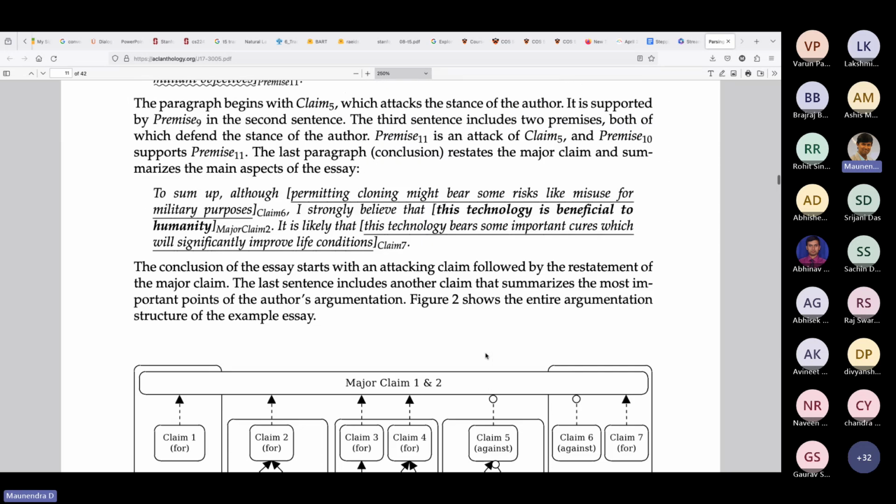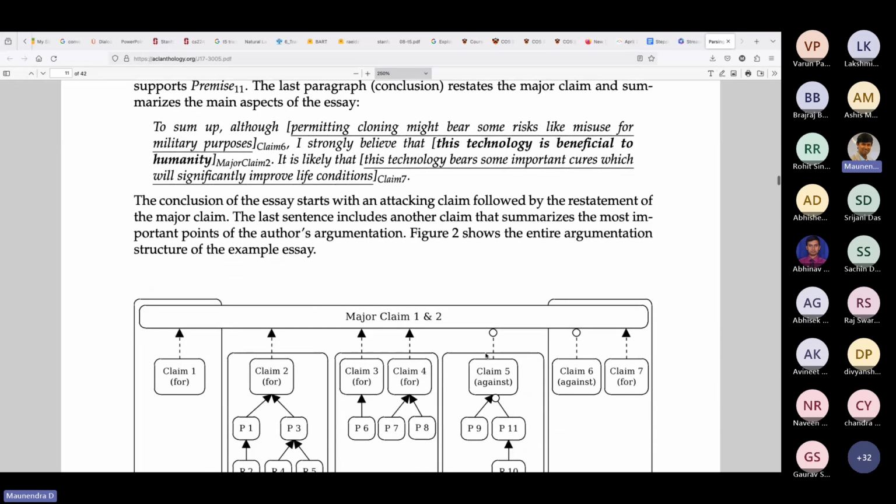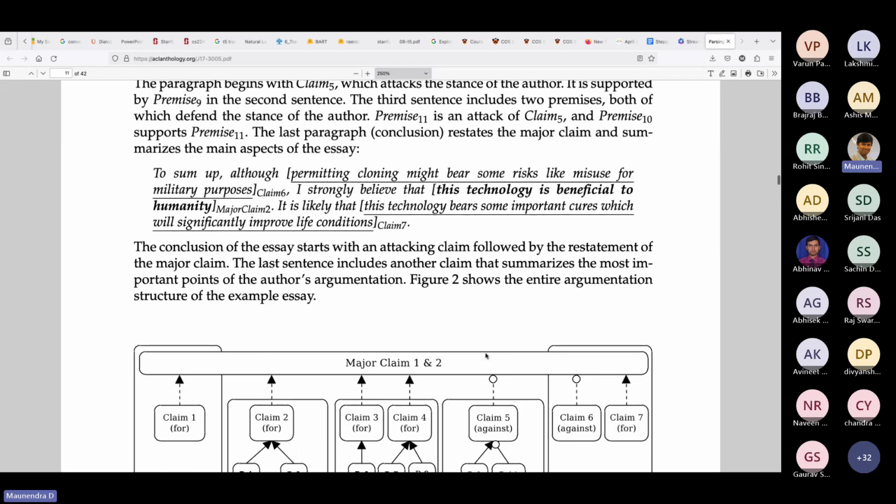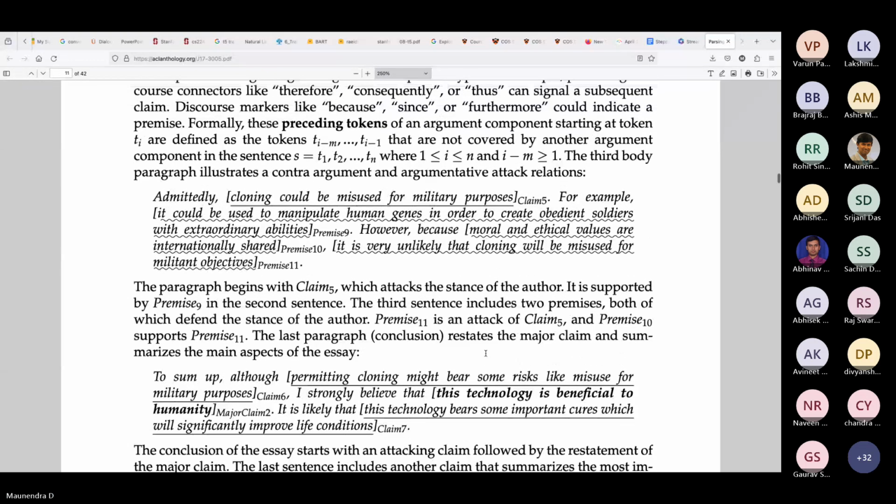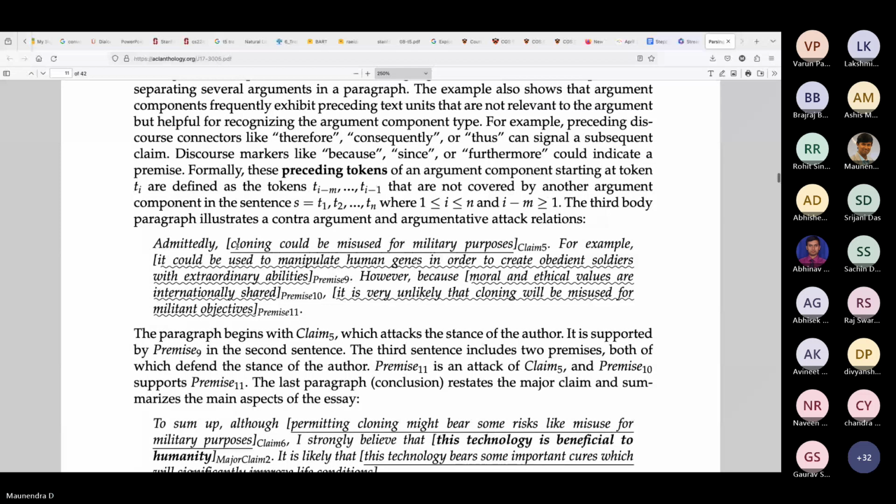Now, if you have paragraph 3: admittedly, cloning could be misused for military purposes. For example, it could be used to manipulate human genes in order to create obedient soldiers with extraordinary abilities. So, premise 9 supports claim 5.